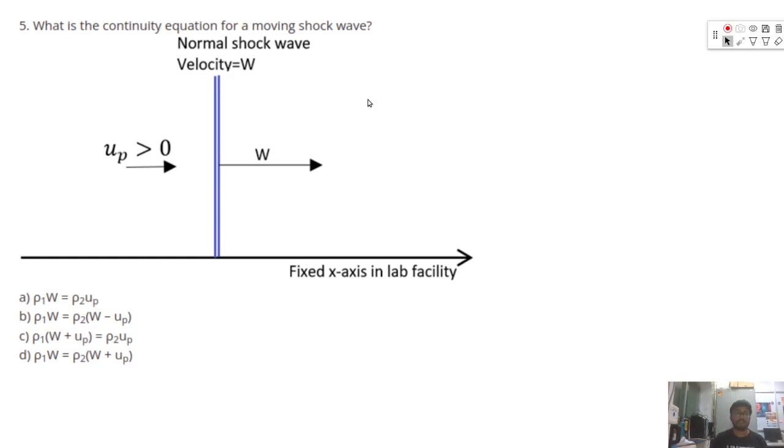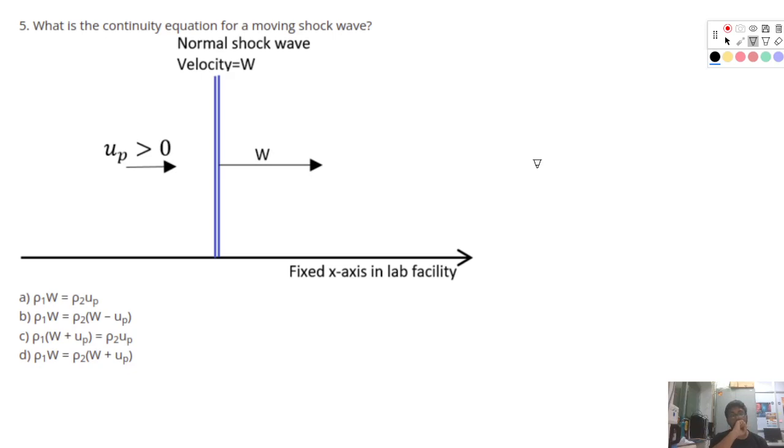What is the continuity equation for a moving shock wave? First of all, you have to understand in which frame you are considering it. When you are talking about the stationary shock, that means your medium is stationary and there is no point in considering any velocity.